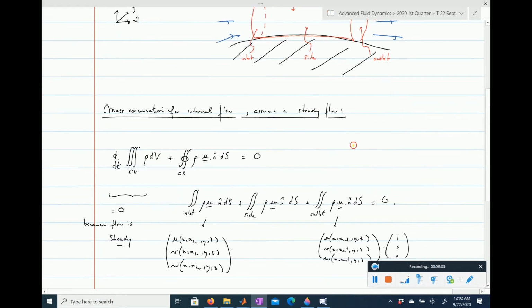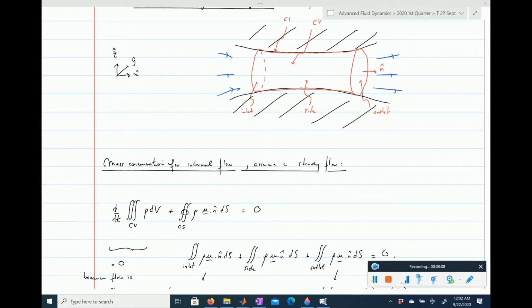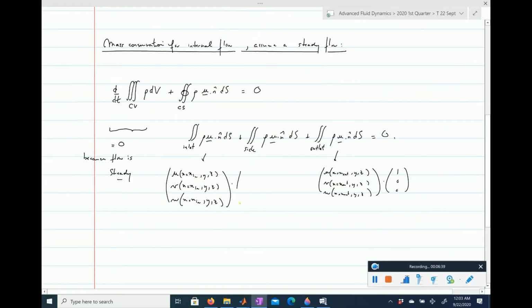For clarity, the inlet is at x equals x in, and the outlet is at x equals x outlet. At the inlet, remember that the normal vector is always pointing outside of the control volume, so our normal vector here is pointing to the left. So the components of the normal vector for the inlet are -1, 0, 0.